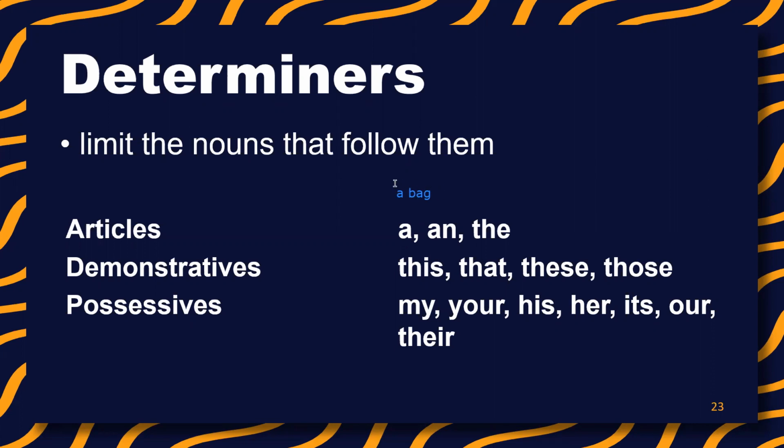It's clear that he or she is referring to the bag. And an is used as an article or determiner when the first letter of the noun we are referring to begins with a vowel: an apple, an elephant, an eggplant, an orange, and so on and so forth. As for the, there are a lot of considerations and rules in using it.